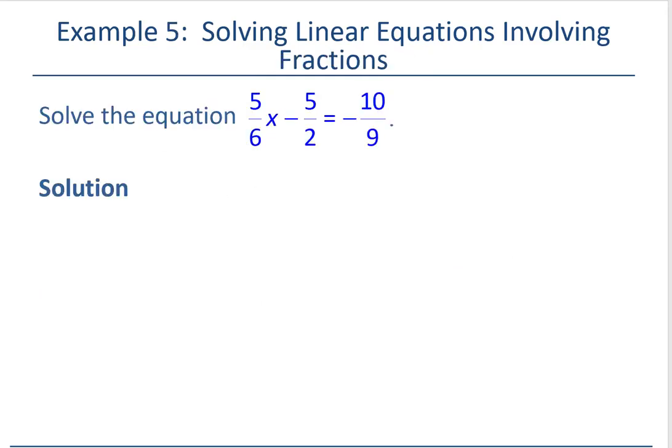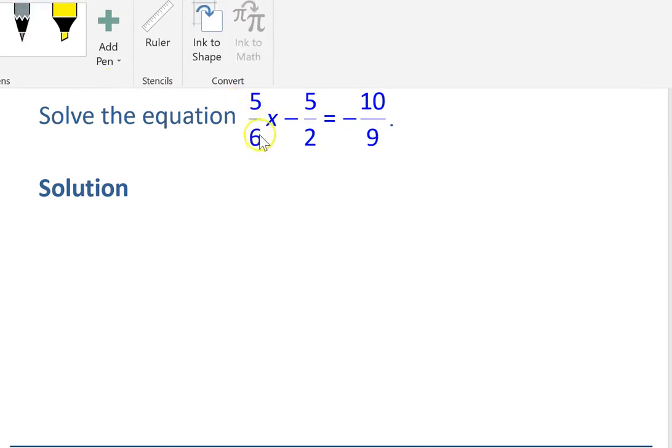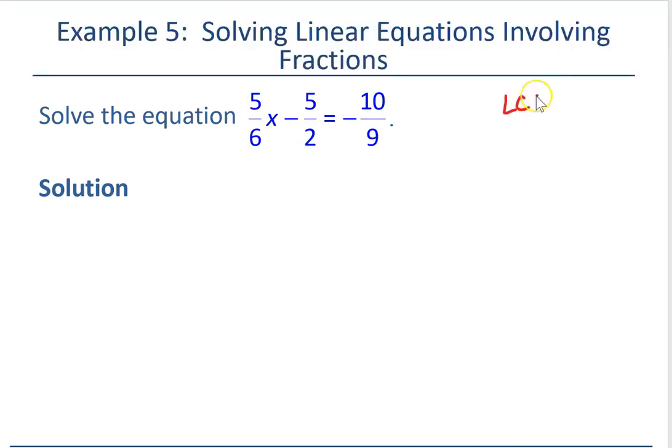All right, let's try another one. All right, dealing with a fraction here. Okay, let's go ahead and do what we've done before. Get this fraction to the other side. Now, I'll be honest. On this one, I'm probably going to just try to get rid of all the fractions first. So to do that, let's notice between 6, 2, and 9, I have an LCD of 18.